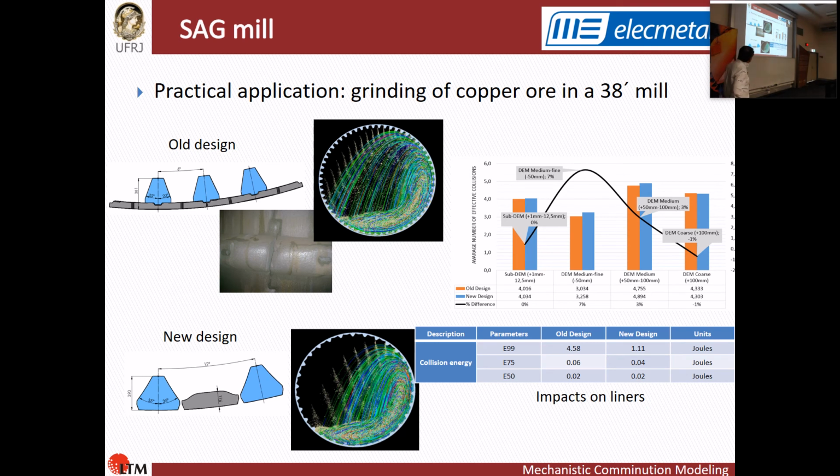In the spirit that we don't have to get the tools completely finished to deliver value to industry, because sometimes people have to make decisions with very little or no information, the company Elecmetal asked us for a post-processing tool for their DEM to look at liner designs and get some guess on how much energy is going to the different sizes. From that, they can at least have an idea of the expected rates of breakage for coarse, medium, and fine material, and they're using it in their designs.